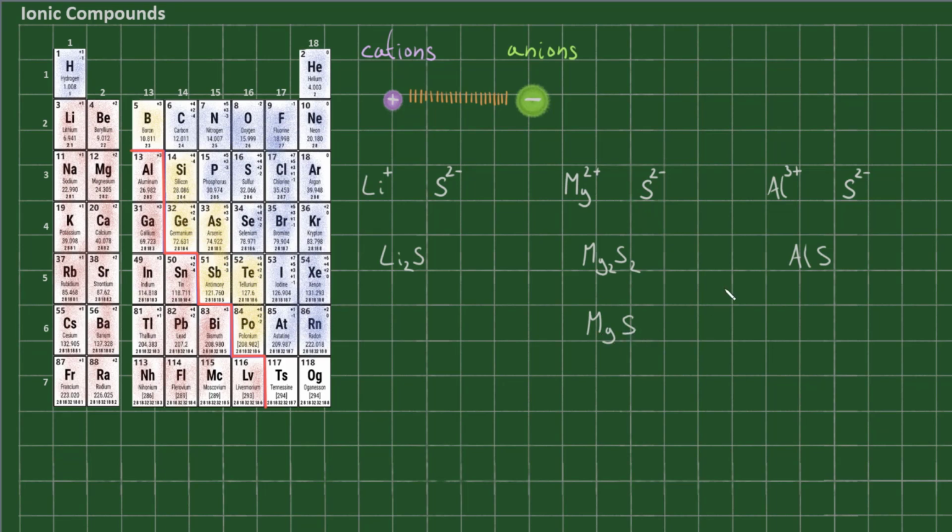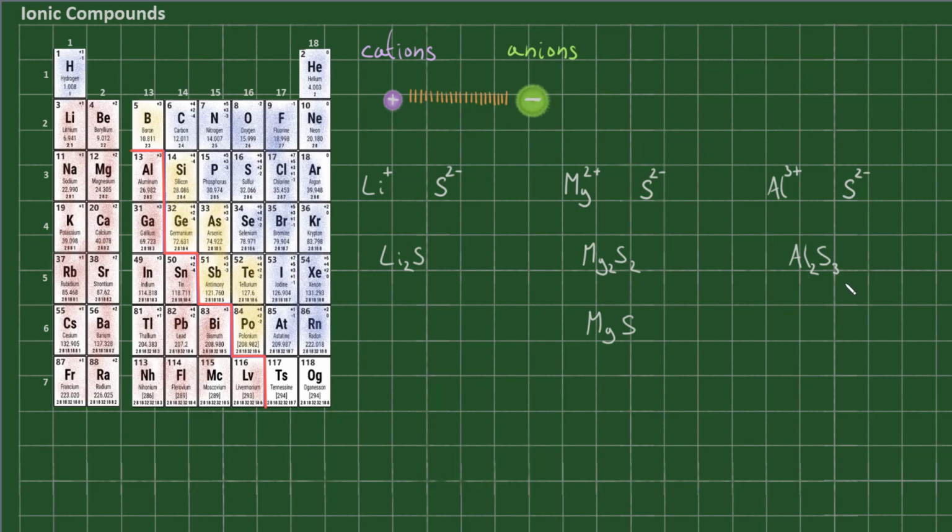And finally, I'm going to look at aluminium and sulfur. Aluminium has a charge of 3+, therefore the 3 will go after the sulfur. Sulfur has a charge of 2-, and so the 2 will go after the aluminium. And so the ratio for aluminium and sulfur is 2:3. This ratio cannot be simplified, so I'm just going to leave it as is.